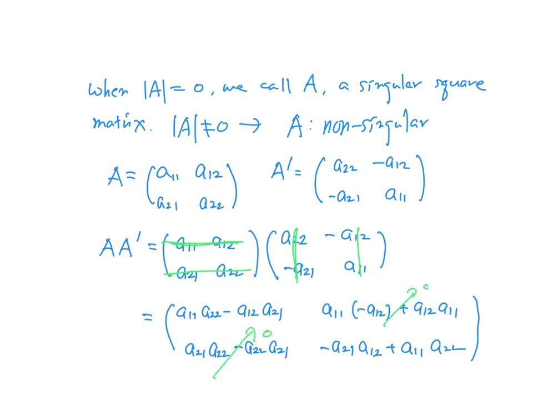And this is 0. And what is this? It's by definition determinant A, right? This is also determinant A. Because previously we have.